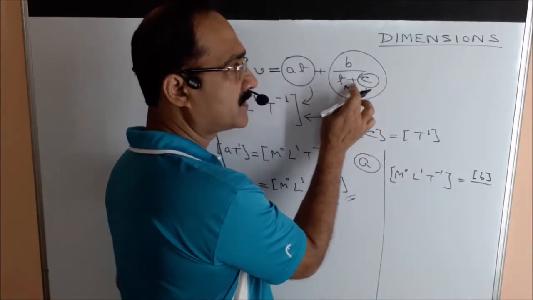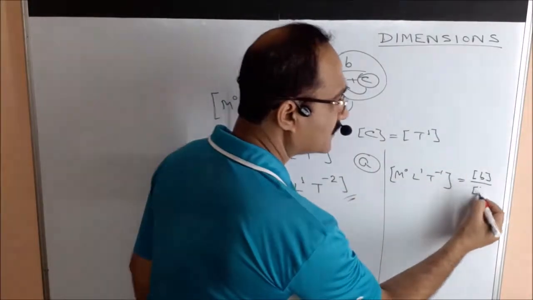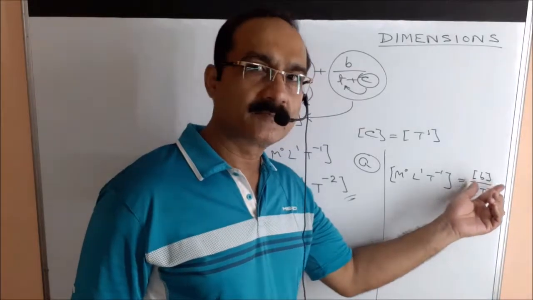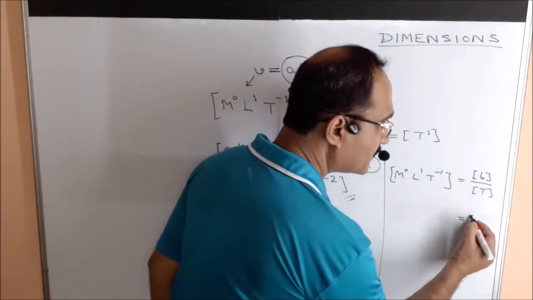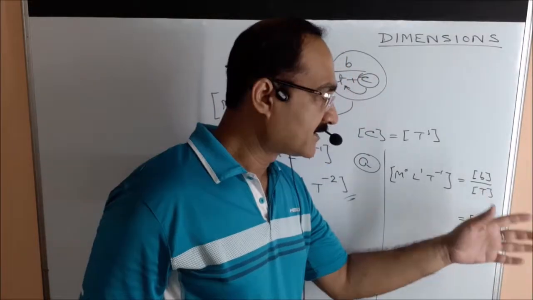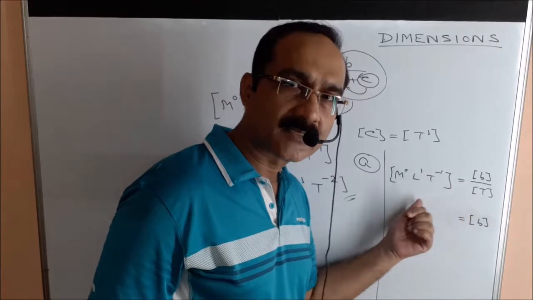This is time plus time, result is again time. So this is dimension of time. Now we have to find the dimension of B. So dimension of B, I keep it to the right of the equal sign and I transfer this to the left hand side of the equal sign.